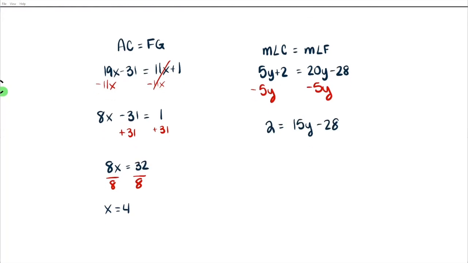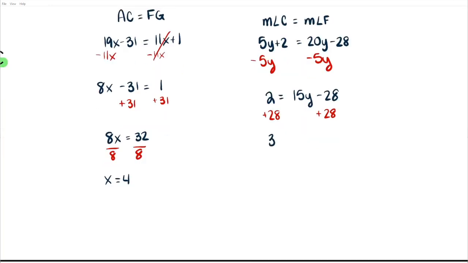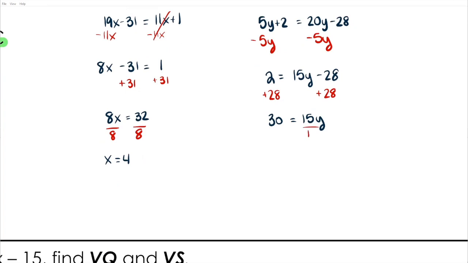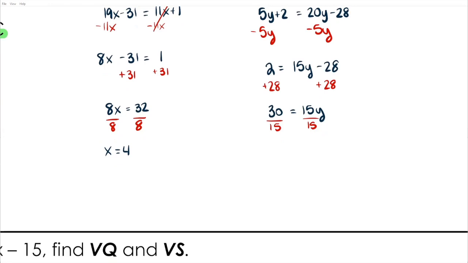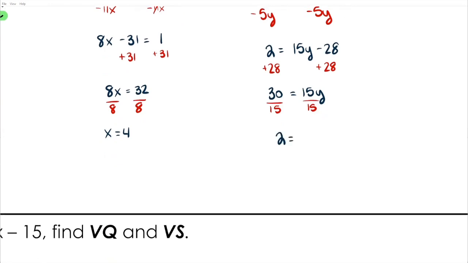Now that we've isolated our variable to one side, we're going to go ahead and move that constant. So 2 plus 28 is 30. 30 is equal to 15y. And then our final step is to divide by the coefficient. 15 into both sides. So we figure out that y is 2.